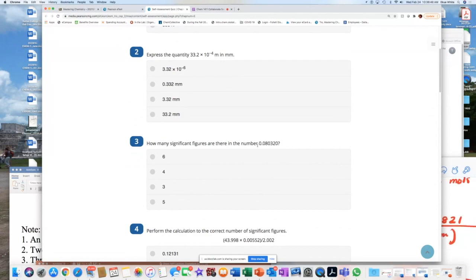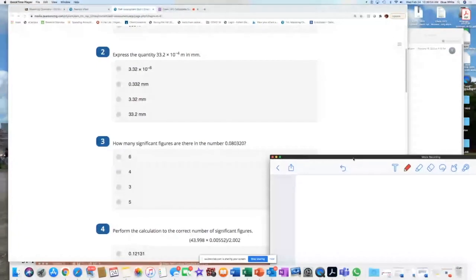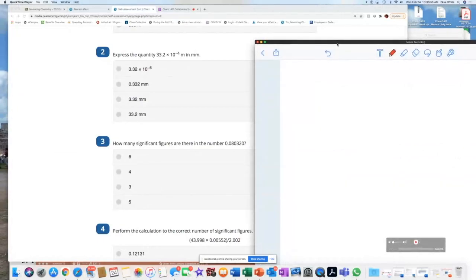Okay, right here. Add a page. So maybe I can do this side by side. 0.080320, right? Of course, these numbers here are leading zeros, so they're not significant. And then for the significant numbers, 8 counts, 3 counts, 2 counts.